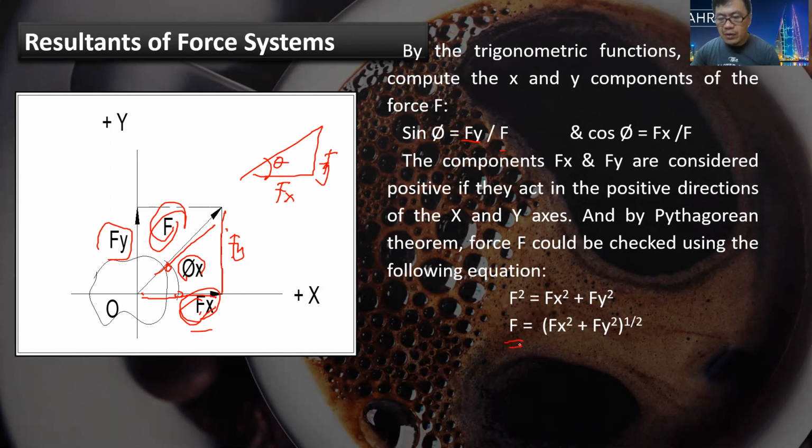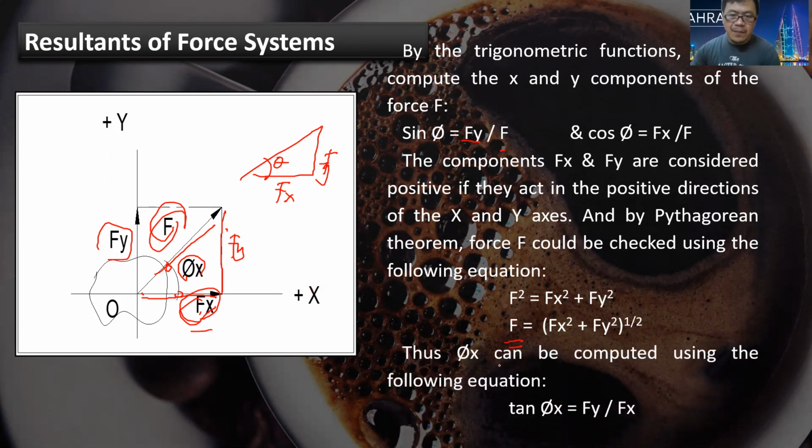Thus we can compute the value of F. And for the angle theta with respect to the horizontal axis, we can simply use the tangent function. Theta is equal to the vertical component Fy divided by the horizontal component Fx.